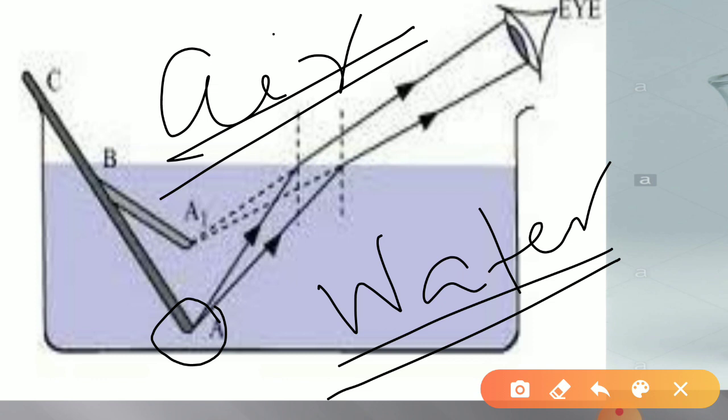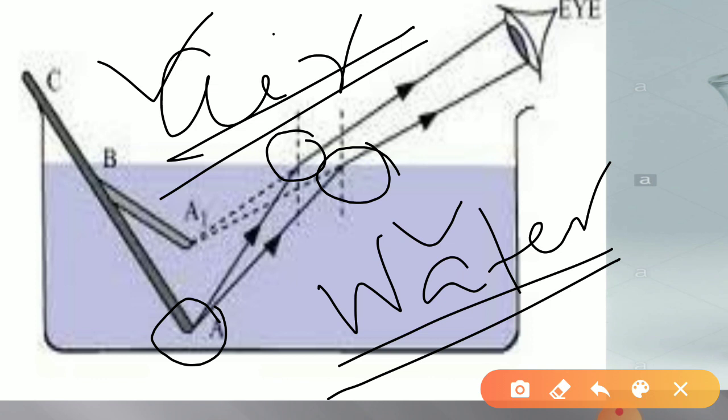So here the rays of light are passing from denser medium to rarer medium. So what will happen? It will bend away from the normal, which we have discussed in our previous video. Here you can see the ray of light is bending away from the normal. Here also the ray of light is bending away from the normal.